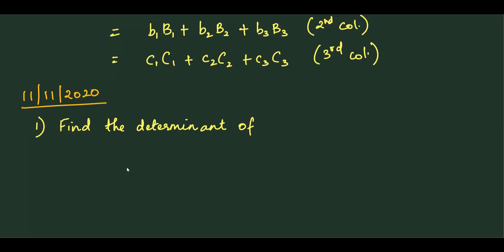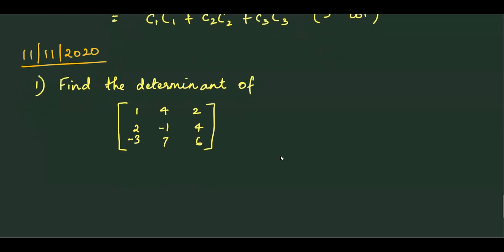The matrix is 1, 4, 2; 2, minus 1, 4; minus 3, 7, 6. So find the determinant of this.